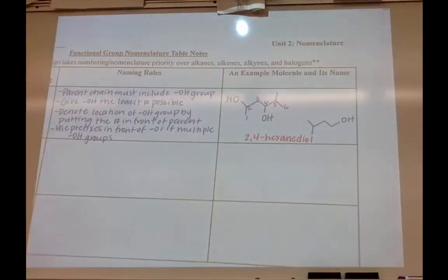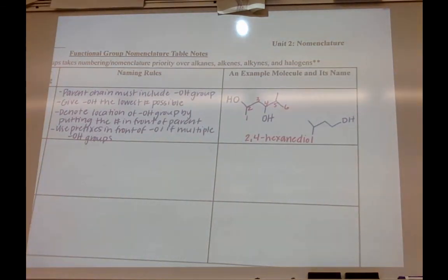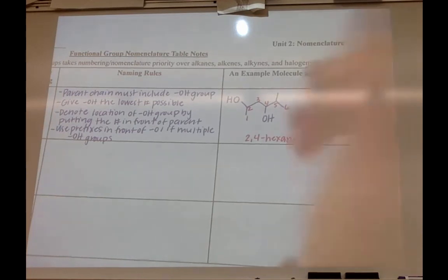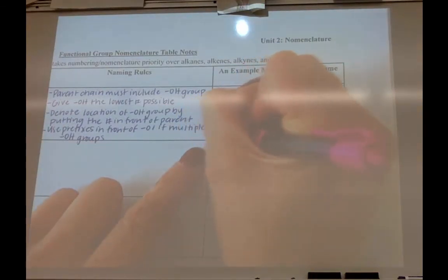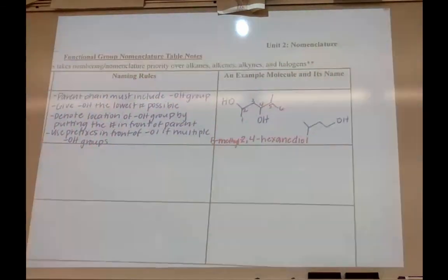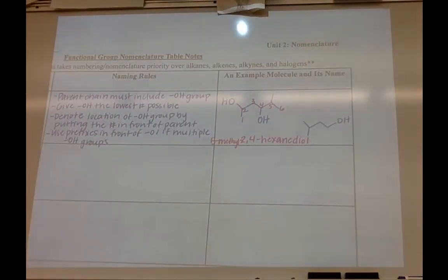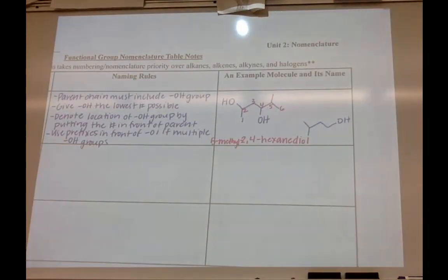That's the parent chain. You have to denote where the OHs are. They're on carbons 2 and 4. Are there any substituents? Yes. Off of carbon 5, we have a methyl. 5-methyl 2,4-hexane diol. If you want to name it the other way, it would be 5-methylhexane 2,4-diol, if you put those numbers in the middle.